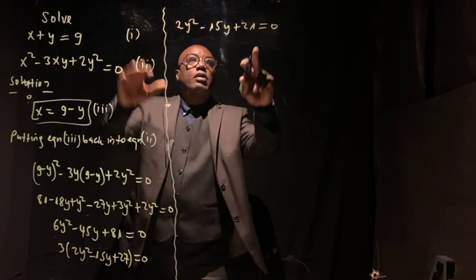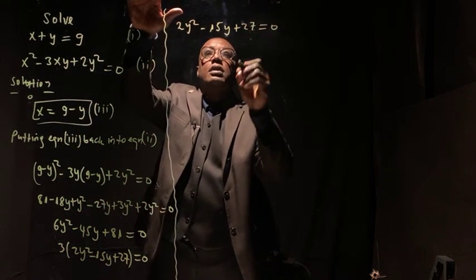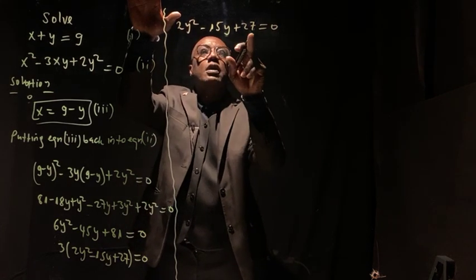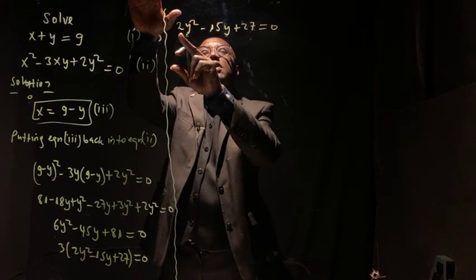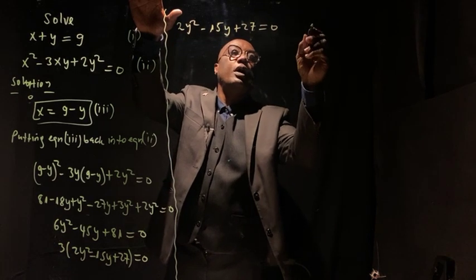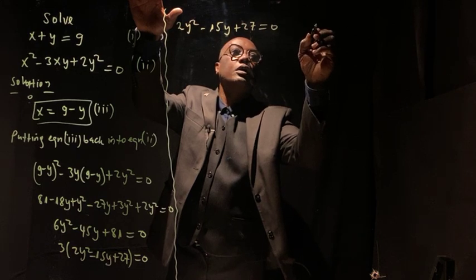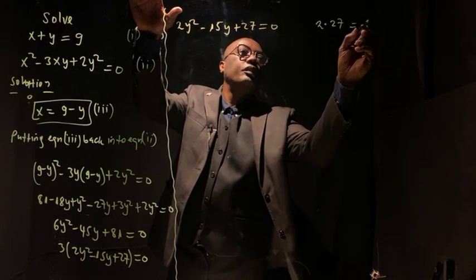So this is a quadratic equation in y. We multiply the coefficient of y squared by the constant. We will have 54, since 2 times 27 is 54.